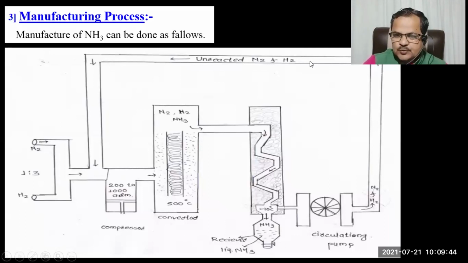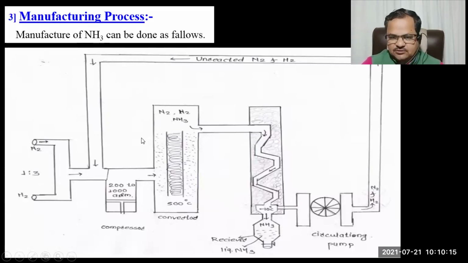So in this way the process repeats several times. In each cycle we get 8% ammonia from N2 and H2 gases. So this is the actual manufacturing process of ammonia by Haber's method.